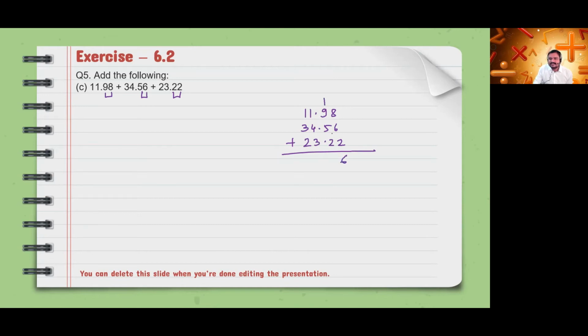Now 1 plus 9 is 10. 10 plus 5 is 15. 15 plus 2 is 17. 1 will be carry forwarded here. This decimal will come as it is. 1 plus 1, 2. 2 plus 4, 6. 6 plus 3, 9. 1 plus 3, 4. 4 plus 2, 6. So 69.76 will be the answer here. As these were like decimals, we have directly done the addition.